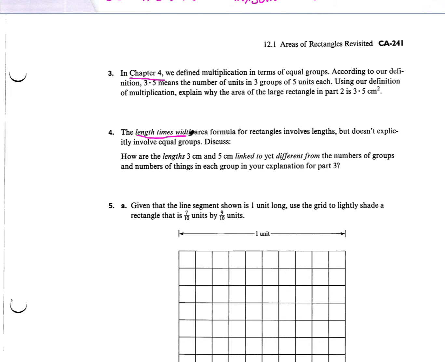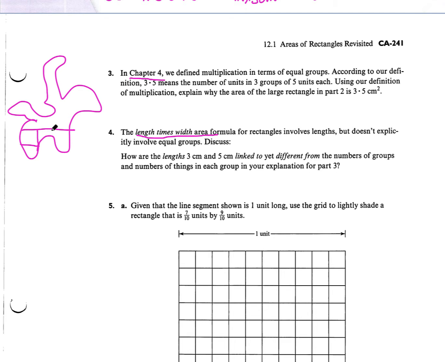Length times width works for rectangles, but does it work for other things? Well, not really, because what if we had a shape that looked as crazy as all that, and we wanted to find the area of this shape?